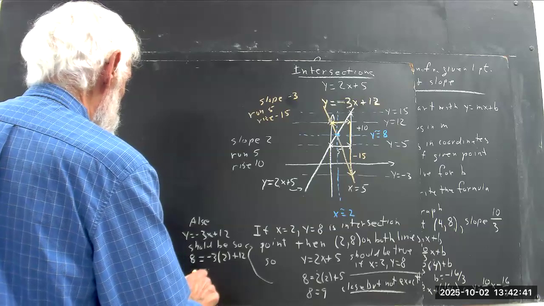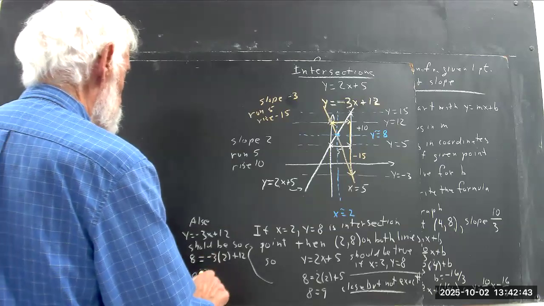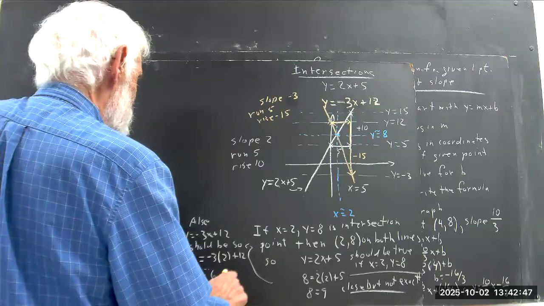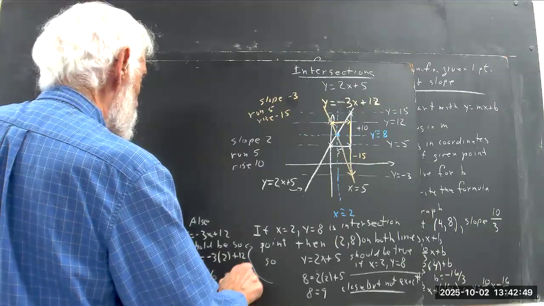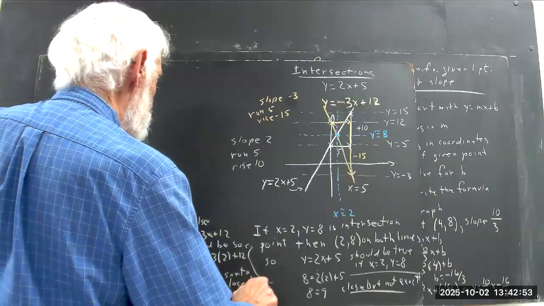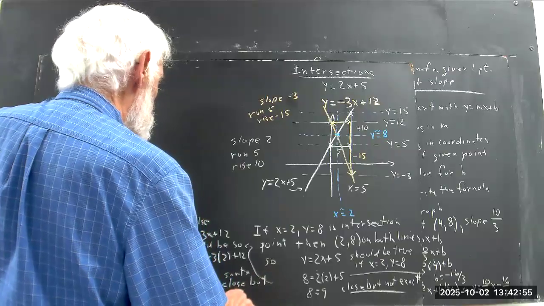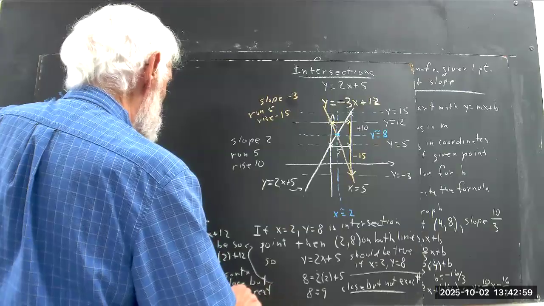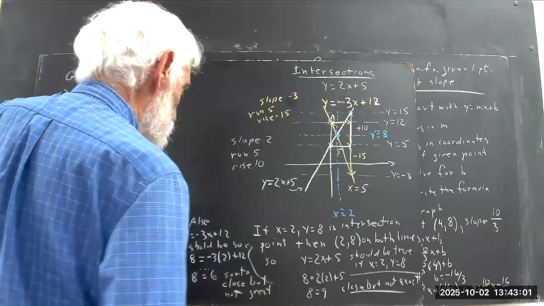Well, you do the arithmetic, that's going to be negative 6 plus 12. 8 equals 6. And that's sort of close. But not great.